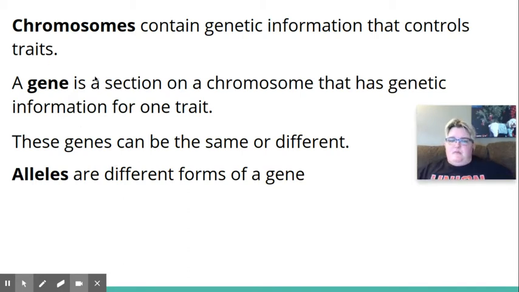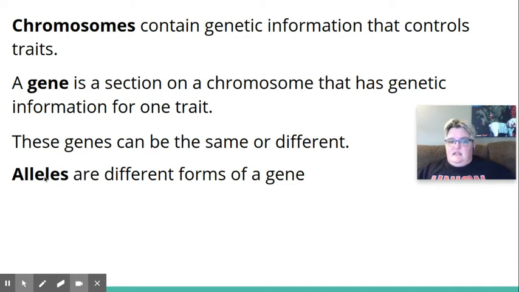Now, a certain section of the chromosome is known as the gene. The gene is even smaller, a more specific part of the genetic information. Those genes that identify a specific trait have different forms, which are the alleles.